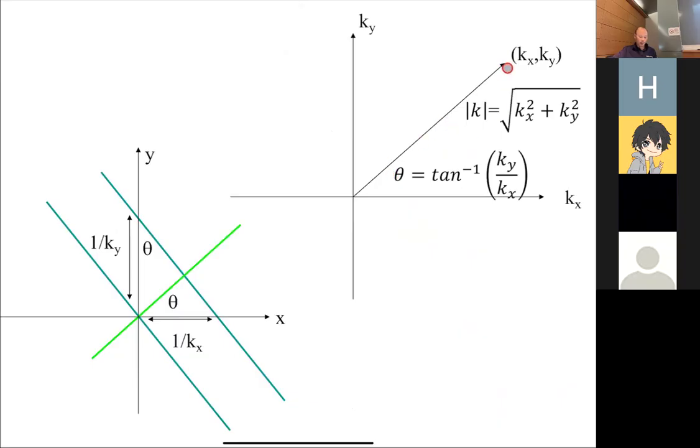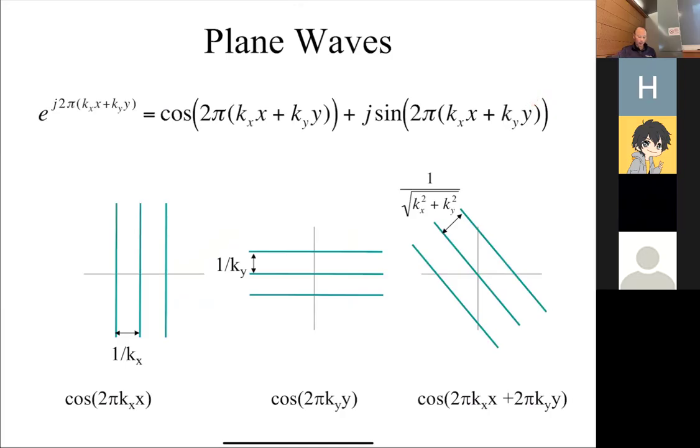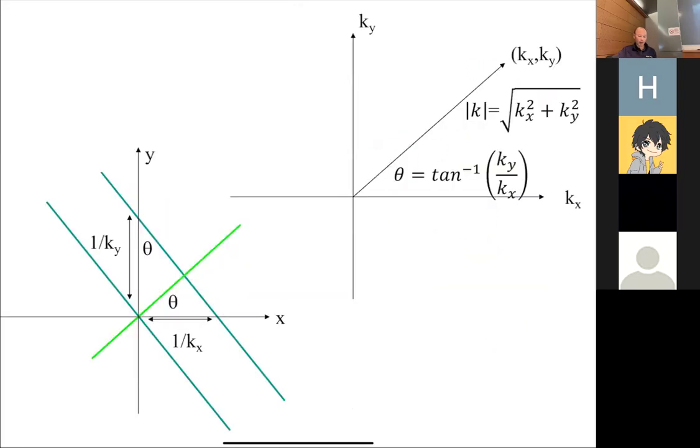If I'm at some point in kx, ky, then the overall frequency magnitude is the square root of kx squared plus ky squared, and 1 over that is where you get this period. So it's pretty simple. Anywhere you are in K-space, the magnitude of that vector tells you the frequency you're at.